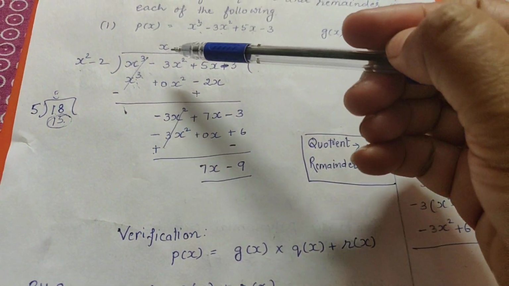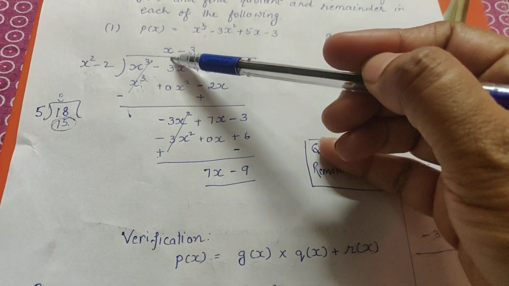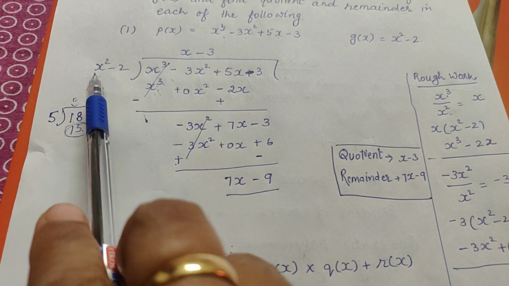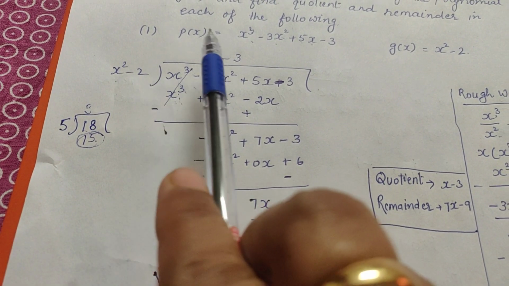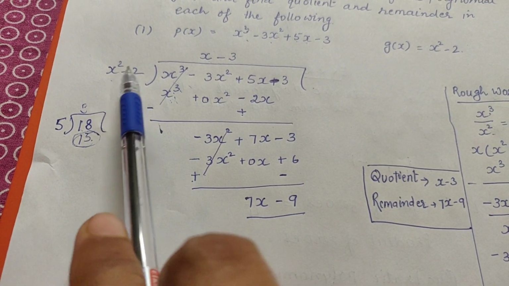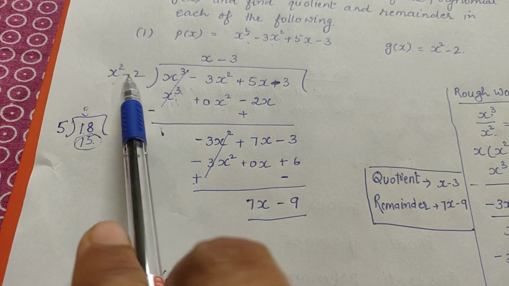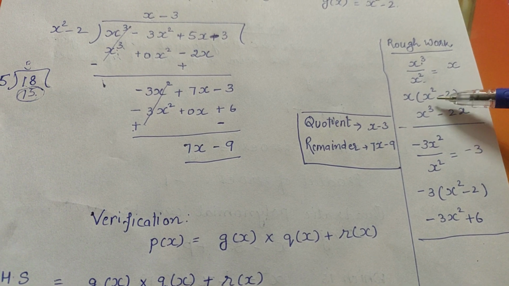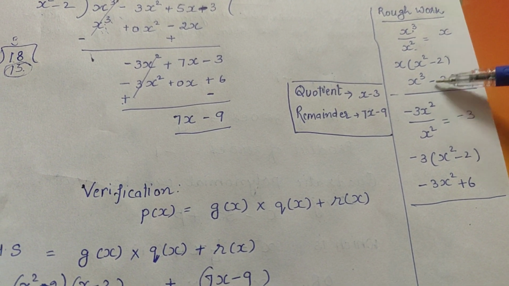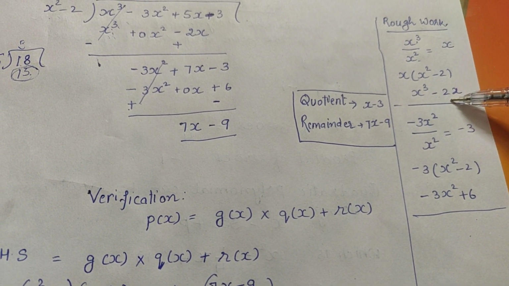Now I have written x here. After that, this number should be multiplied by both these terms. It is not to be multiplied only by x square. It will be multiplied by minus 2 also. So I have written it here only: x multiplied by x square minus 2. So I have got x cube minus 2x.